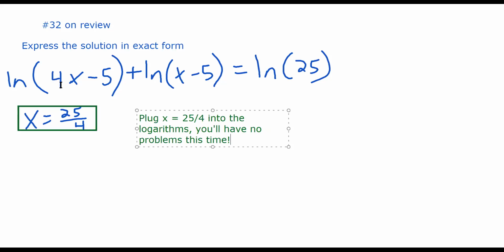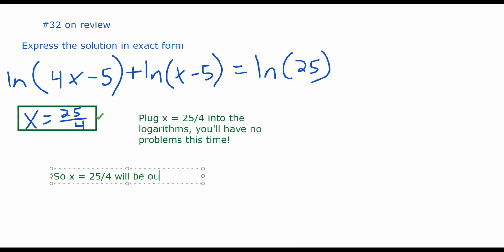This is what that'll reduce to. 25 over 4 minus 5 will still stay positive inside. So you'll actually be okay if you plug 25 over 4 in. I'll let you verify that on your own. So that's going to end up being our only solution. So it's important to check your solutions.